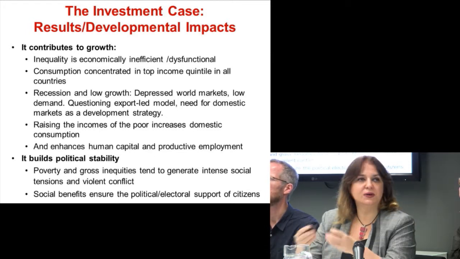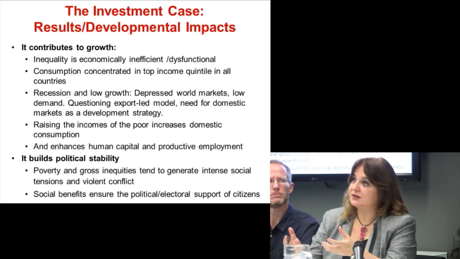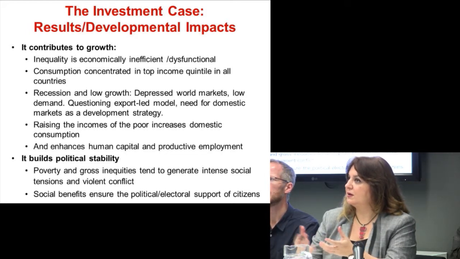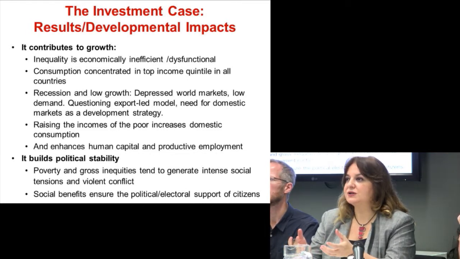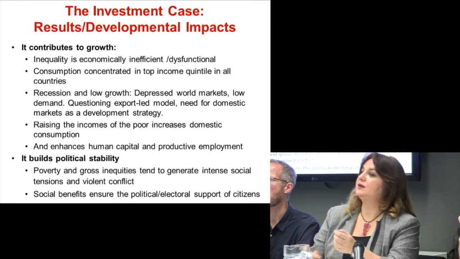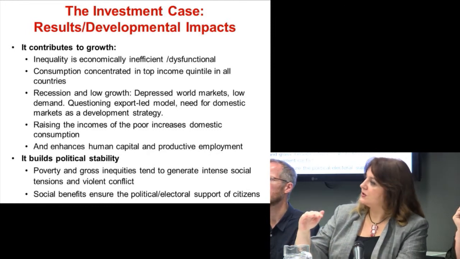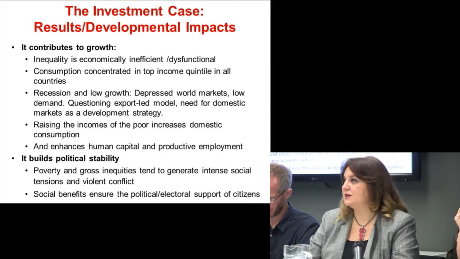And nowadays we have all these discussions on inequality. The reality is that inequality is economically inefficient and dysfunctional. Consumption is concentrated in the top elites in most countries, and what we do need is to raise household income so they can actually consume and support domestic demand.